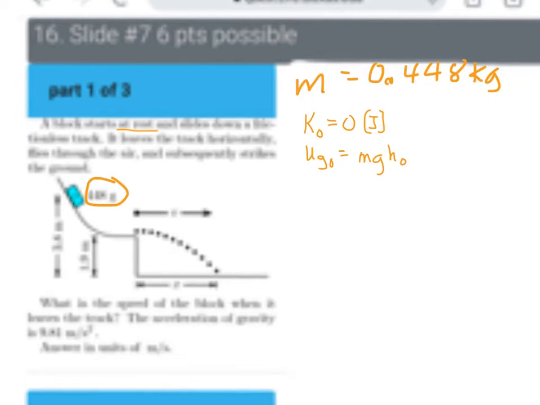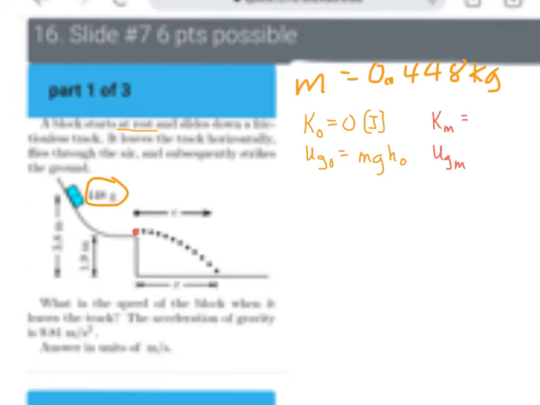Okay. Now let me go ahead and change my color to red. And I'm going to use this point right here where it's leaving the track. And I'm going to call that the kinetic energy in the middle and the gravitational potential energy in the middle.